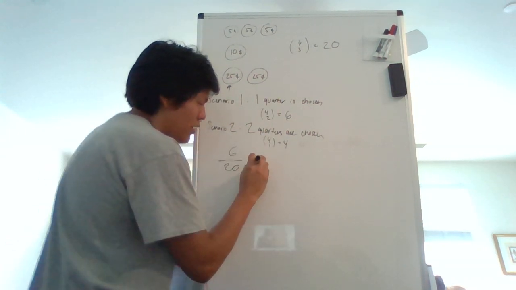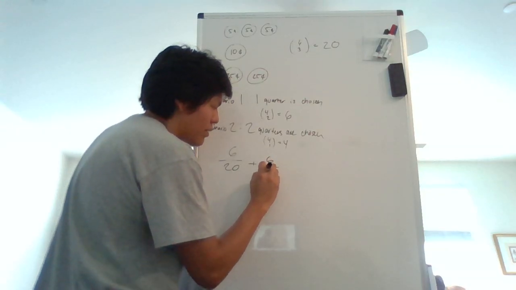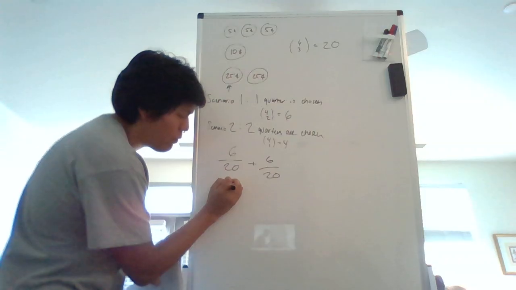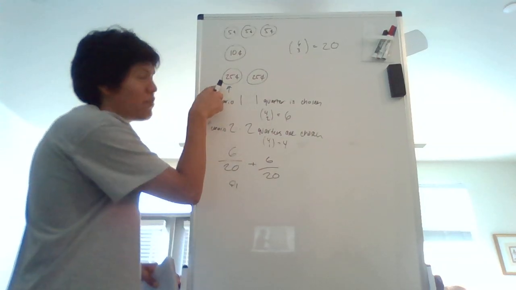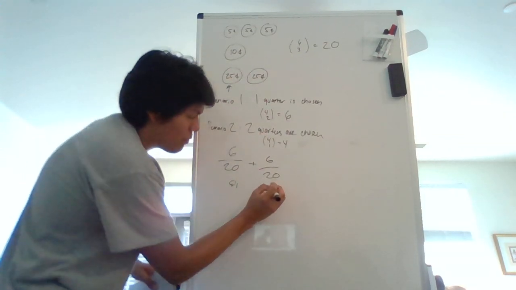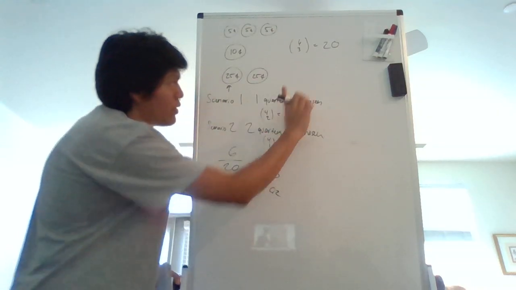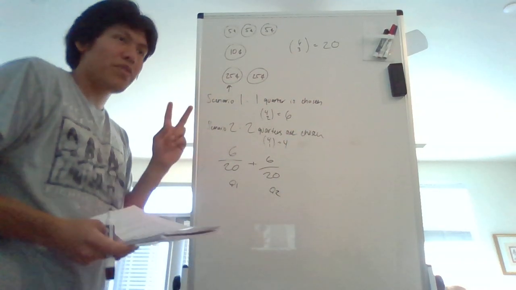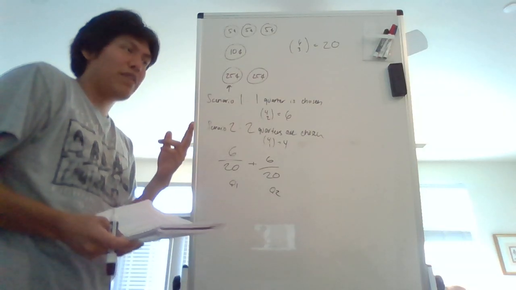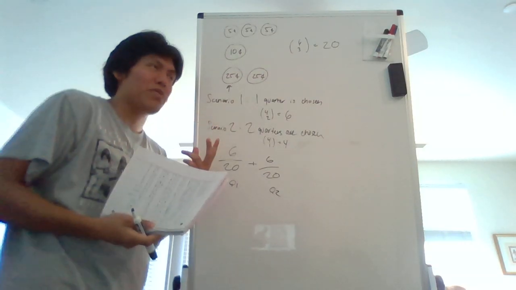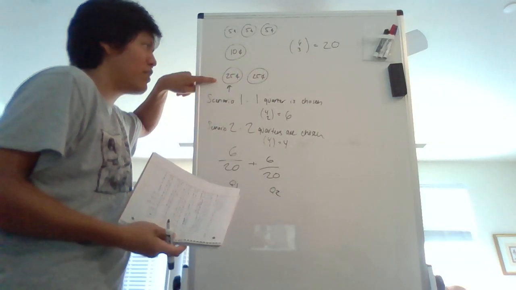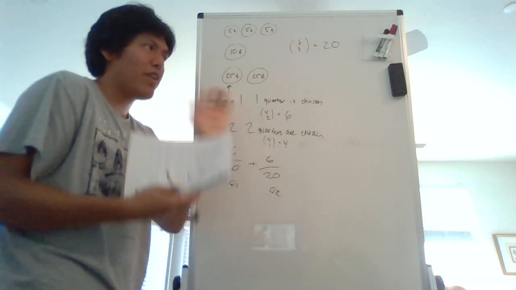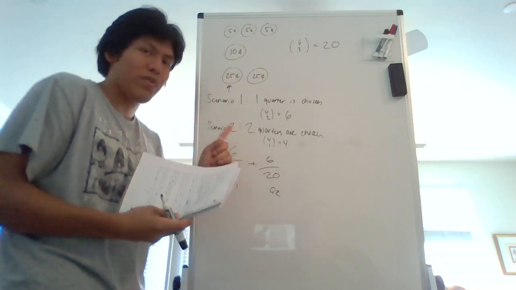So that's why we add a second 6 over 20. This comes from quarter 1, and this comes from quarter 2, which let's say is this one. So scenario 1 has 2 possible outcomes. We either chose this quarter to do the calculation for, or we chose this quarter. Either way, we're only choosing 1 quarter.